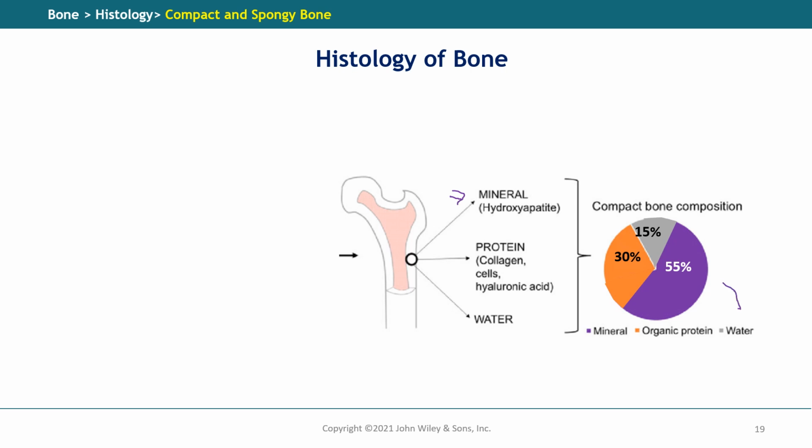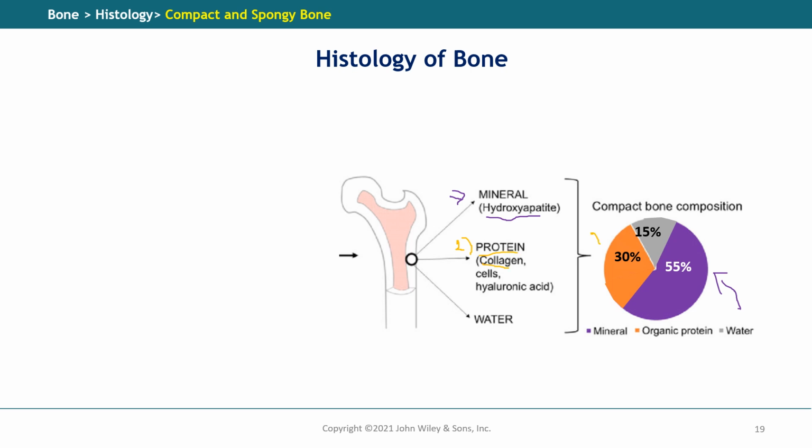They represent 55%. Here you can see it in purple, and you need to remember this one, hydroxyapatite, that is just crystals that are the combination of calcium phosphate and calcium hydroxide. Okay, so this is the first component. The second component, we'll put it here in orange, is proteins, in particular collagen.